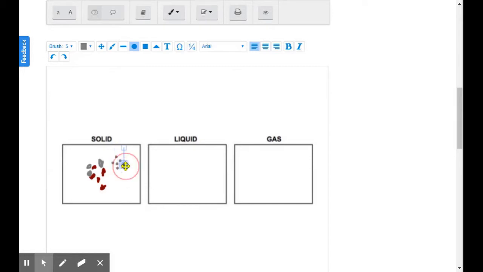I don't think you could select more than one. Yes, you can. You can Control-C copy, click off, Control-V paste. You can use your arrow keys to, oh, you can't move them that way. I can move them this way though. That's another way to model. So you can freehand draw, or you can use a little tiny shape to draw them.